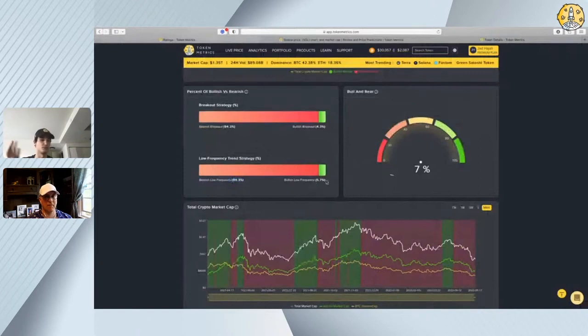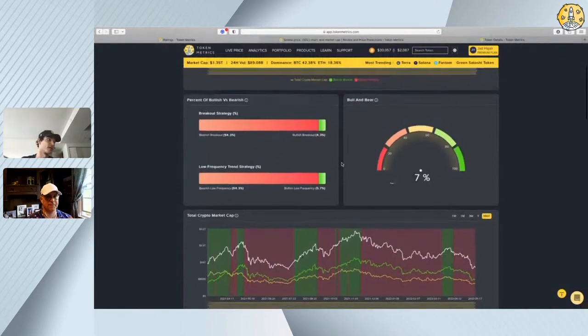So this also gives you an overview of how strong the current trend of the market is. In addition to that, we have this gauge we call bull and bear, where, similar to breakout and low frequency, we're looking at how many coins are trading below their medium term exponential moving average.